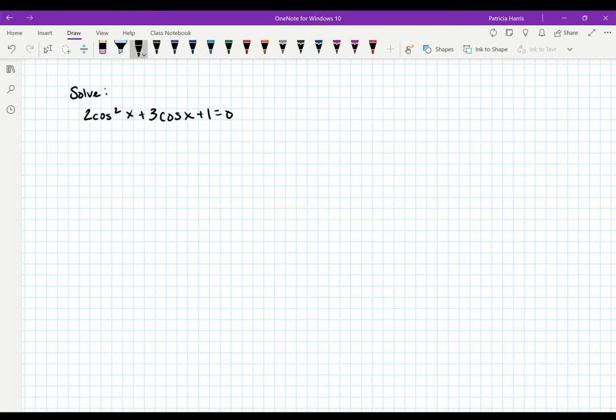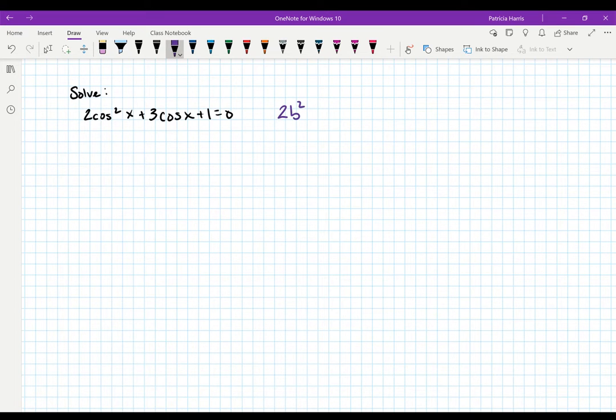Okay, so you did a problem that was similar to this in your Edgenuity notes. They used what we call a substitution to make it a little bit simpler. You don't have to do that, but you do need to see this as a quadratic equation. So if it makes it easier for you to see it as quadratic, feel free to go ahead and rewrite it.